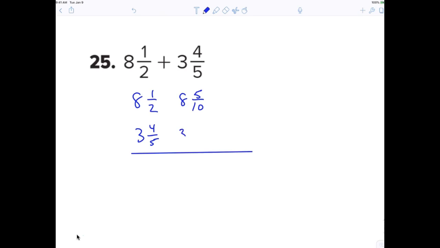Good job. So now final answer? 11 and 13 over 10, beautiful. And then change that to what? 12 and 3 over 10. That's excellent work.